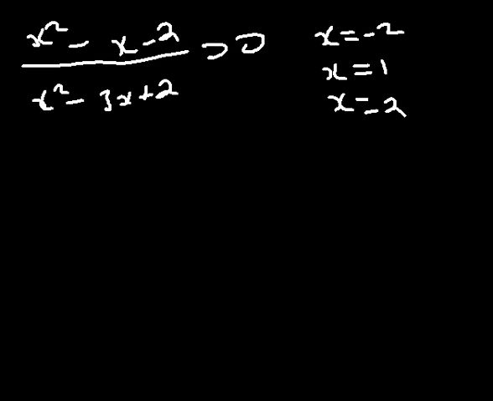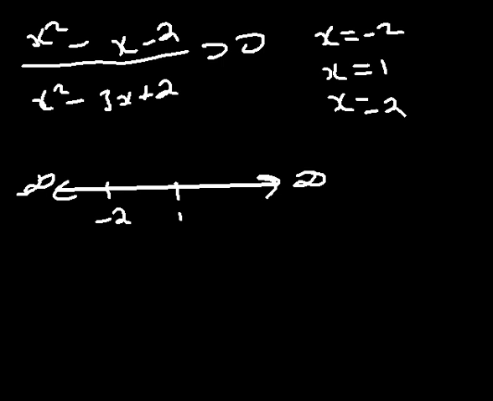Anyway, let me just have to highlight a little bit for you as well. Of course, you proceed that on your own. So positive infinity, this is the negative infinity, and of which you have, let's say this is negative 2, this is 1, this is 2.